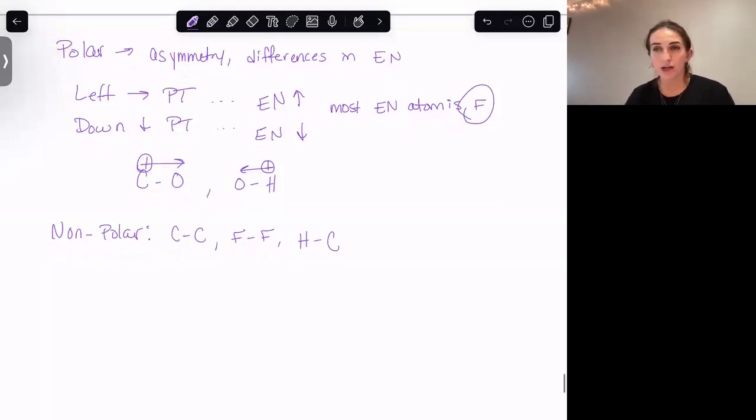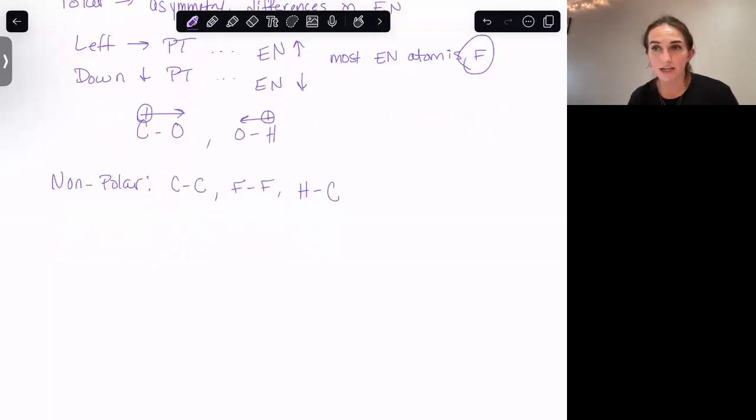Where it comes into play is whether something is polar or nonpolar in terms of the whole molecule. If we have a big compound, that has to deal with the electron domain of your compound and the shape that it takes on.